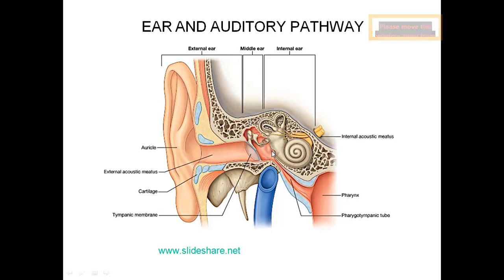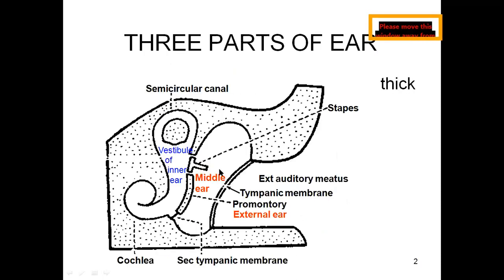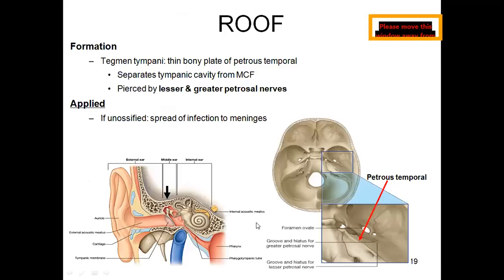So try to make it very clear in your mind that the middle ear has 6 boundaries: roof, floor, lateral wall, medial wall, anterior and posterior. Repeat the video for 2 minutes again and again and listen to what I told you, so that you clearly understand the boundaries of the middle ear.